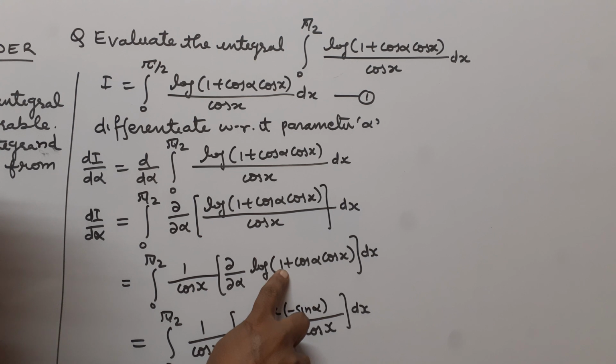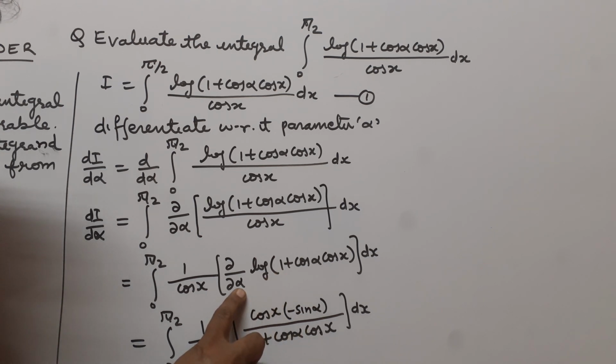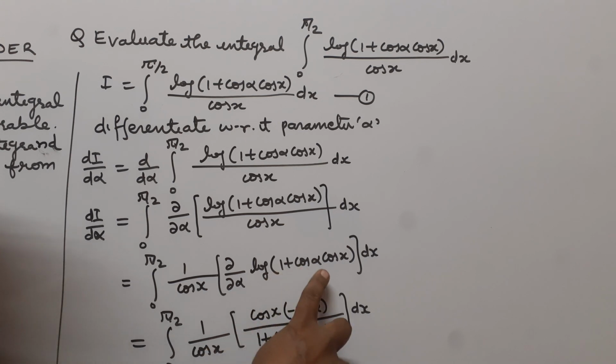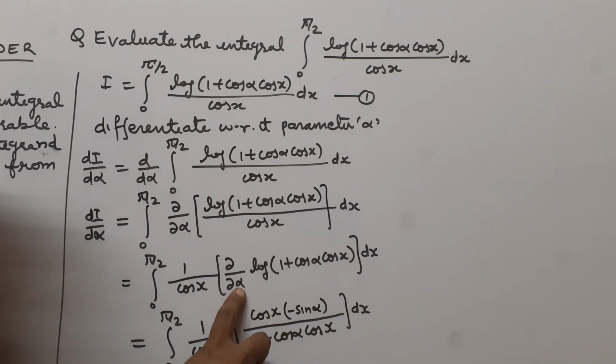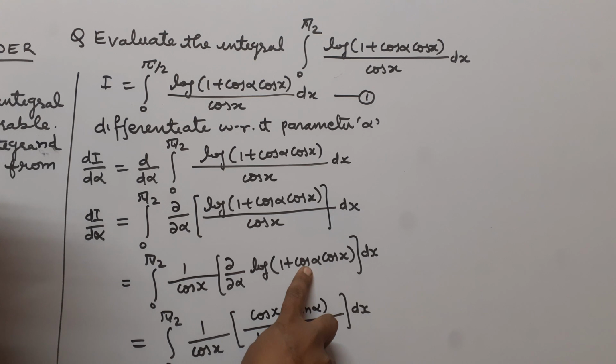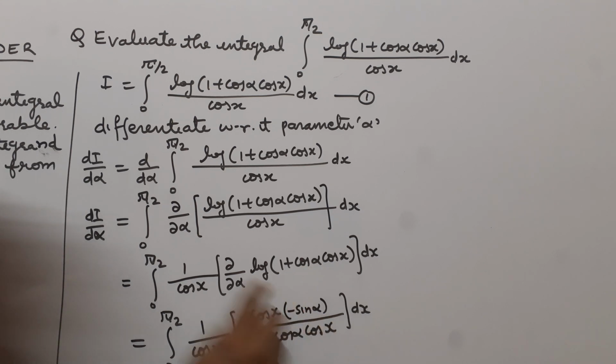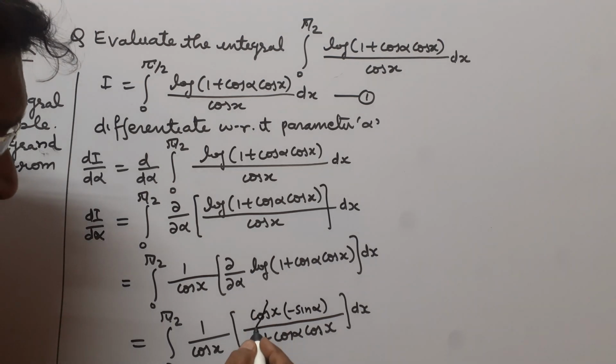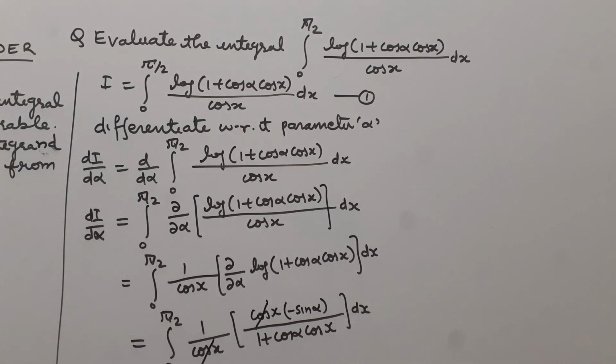Here 1 is constant, so the differentiation of 1 with respect to the parameter alpha is 0. When we differentiate cos alpha multiplied by cos x, cos x is constant because we differentiate partially with respect to alpha, and the differentiation of cos alpha with respect to alpha is minus sin alpha. Here we can see this cos x is cancelled by this cos x.